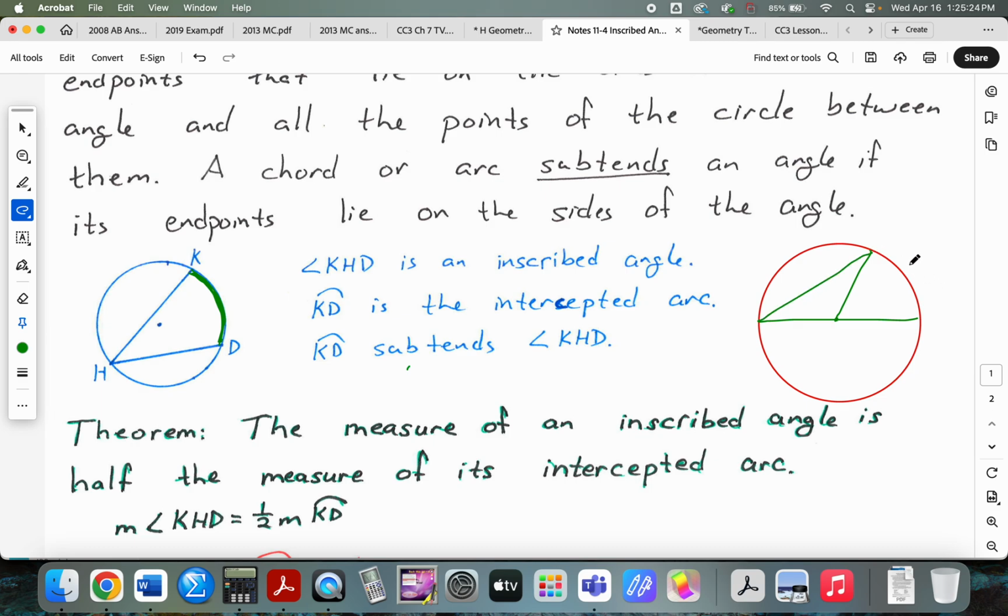Okay? I can choose any angle I want for this angle. Let's say that I think it is 72 degrees. What do we know about the measure of the central angle? It's got to be 72, right? These two angles are a linear pair, so this angle has to be 108. Right?